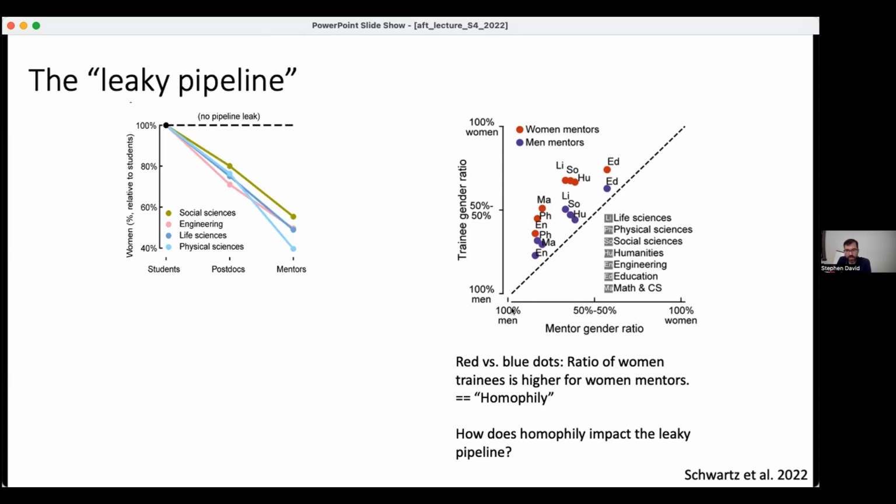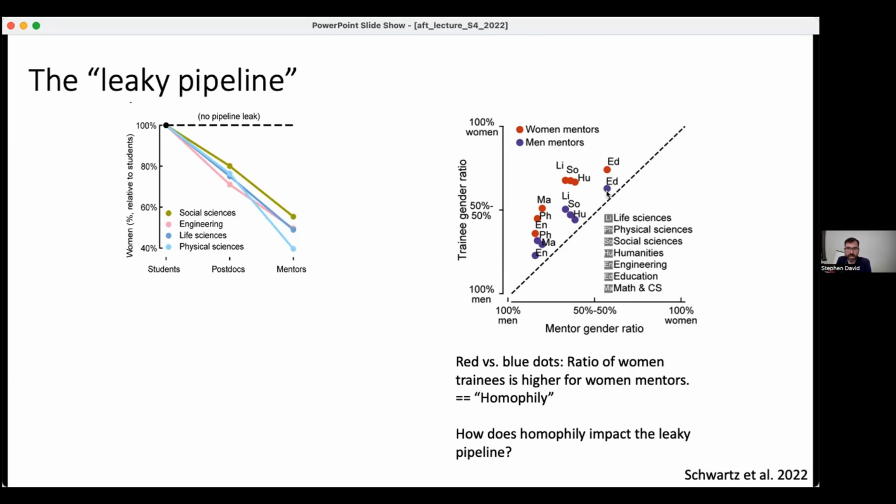If we look at who continues on to become a mentor, you can see that pretty much everything is over this line of unity slope. So the ratio of trainees is much higher than the ratio of mentors. 50-50 would be gender parity, right? There are a number of fields where the trainees are more than 50% women, but only in education are there actually more than 50% women mentors.